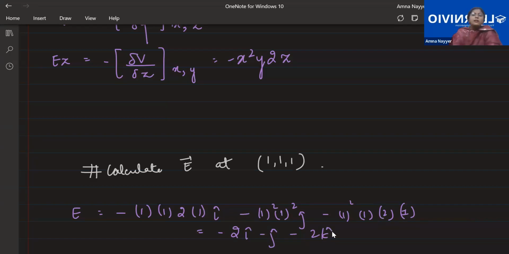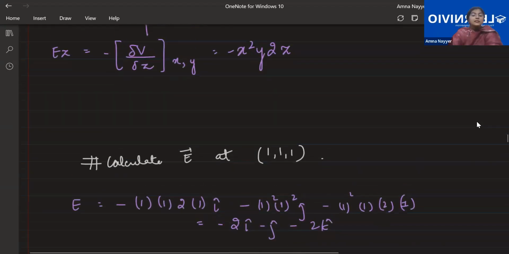If you are required to calculate the magnitude, how do you calculate it? How to calculate the magnitude of this vector electric field, minus 2 i cap minus j cap minus 2 k cap? Root of minus 2 square plus minus 1 square plus minus 2 square. Very good, exactly.